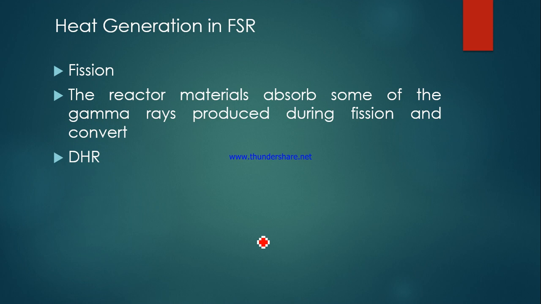Then the reactor materials, like the fuel pins, the control and absorber rods, all these things absorb some of the gamma rays produced during fission, and this is converted to thermal energy. And lastly, the decay heat.